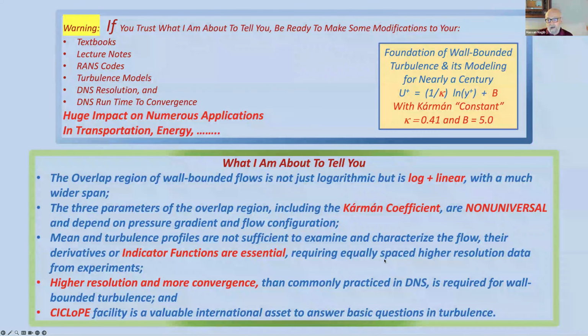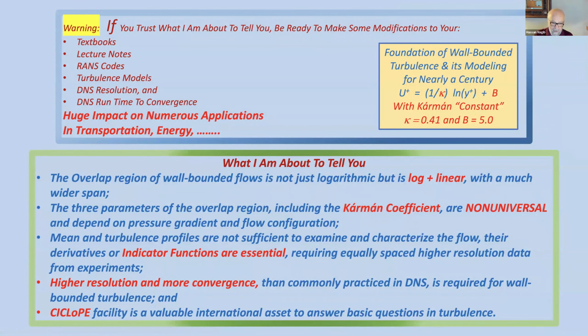So this requires that you make measurements and do computation that not only allow you to get the mean and turbulence profiles accurately, but also their derivatives, which is a big challenge with some of the old or even the current experimental data.